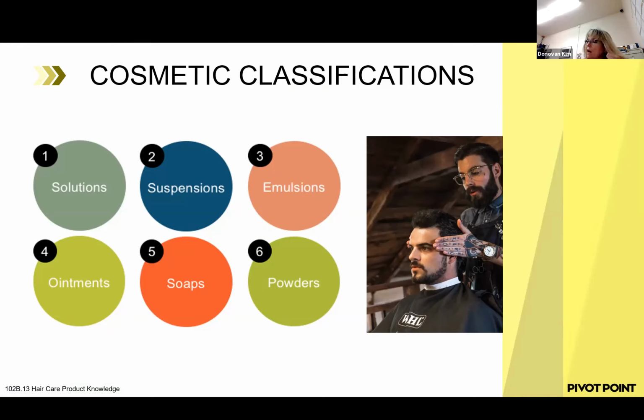There's this book called the United States Pharmacopoeia, a huge book with medicines and cosmetics in it, and all the definitions.